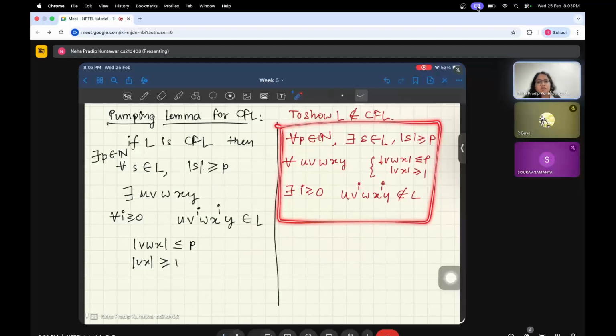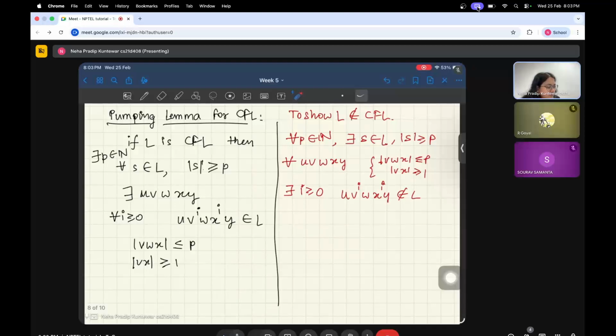This is the form in which we will use the pumping lemma to show that a language is not regular.